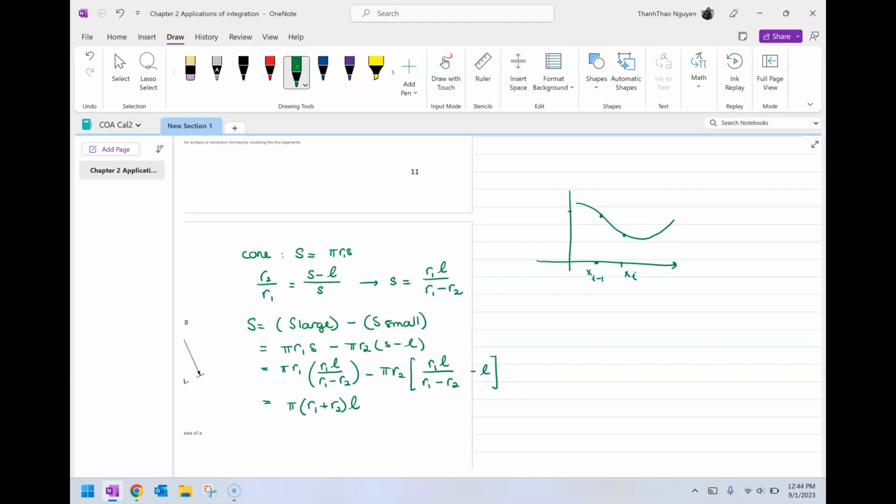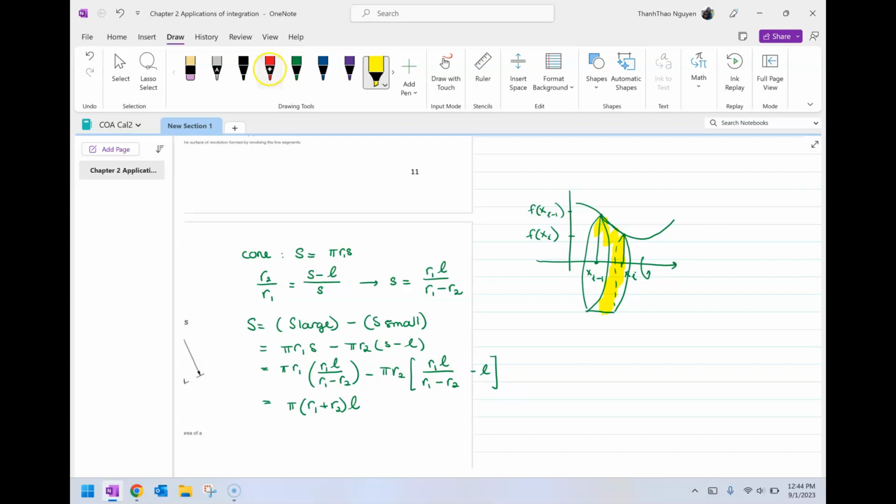So this is our f of x sub i minus 1. And this is where we have f of x sub i. So this little band here that we're looking at, we're revolving it about the x-axis.